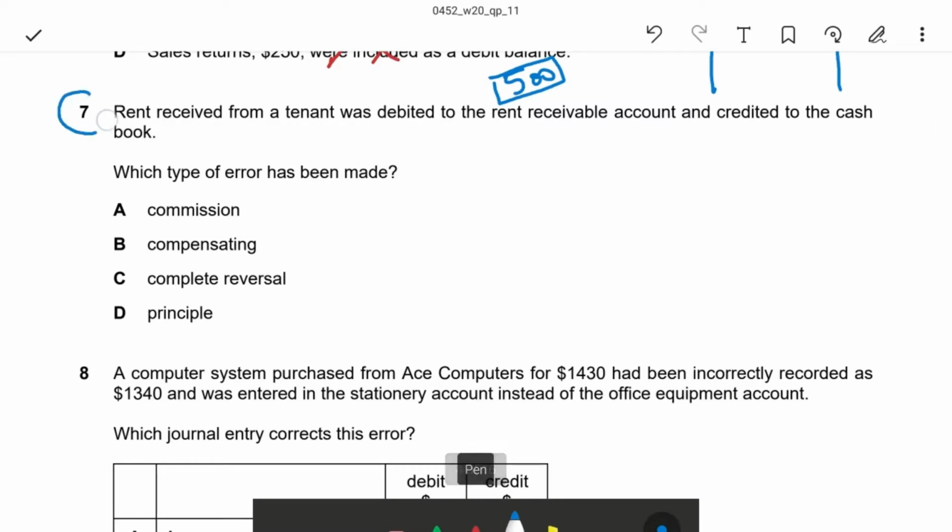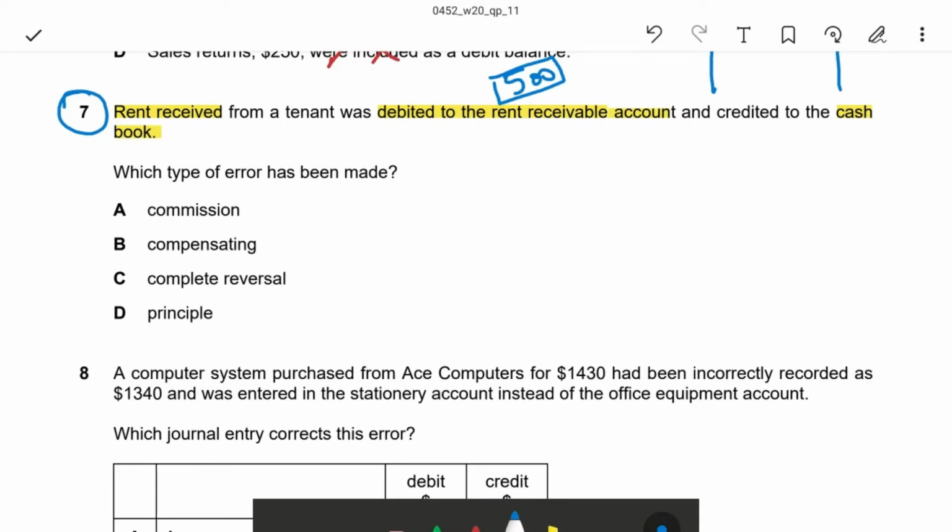Question number 7. Rent received from a tenant was debited to the rent receivable account and credited to the cash book. Which type of error has been made? When the business receives rent, it receives cash.